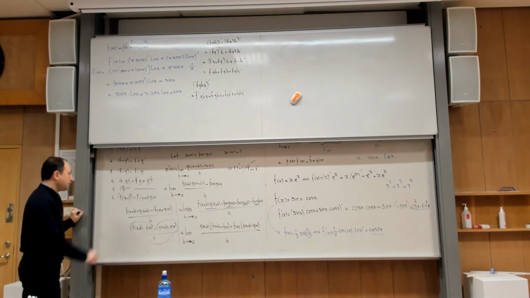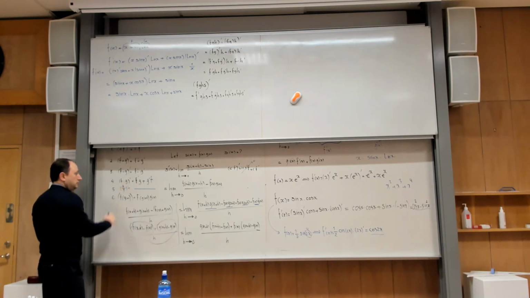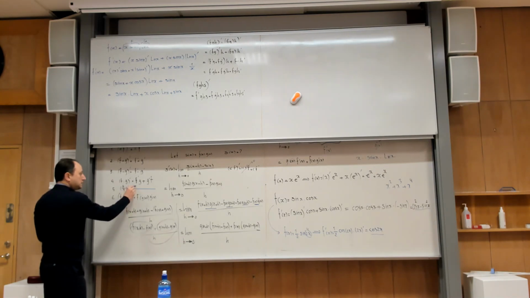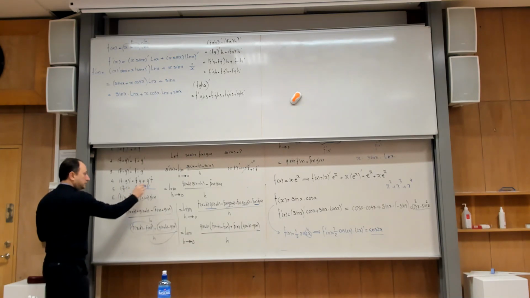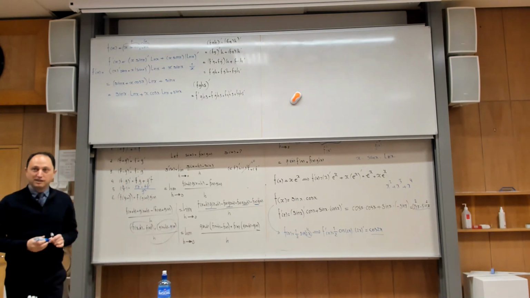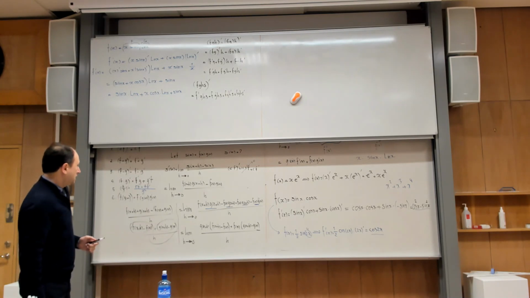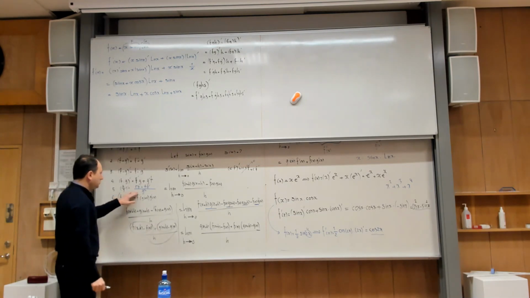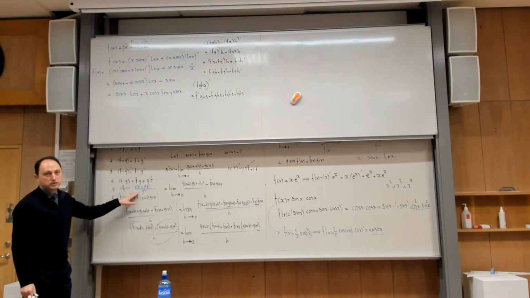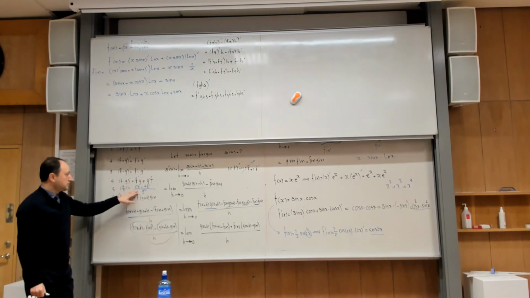So if you have f over g derivative, the rule is the derivative of the numerator multiplied by the denominator itself, minus the numerator itself multiplied by the derivative of the denominator, but then divided by the denominator squared. Okay, and that's a very, very bad formula. I recommend you to avoid this formula whenever you can. But of course, sometimes it is inevitable, you have to follow it.